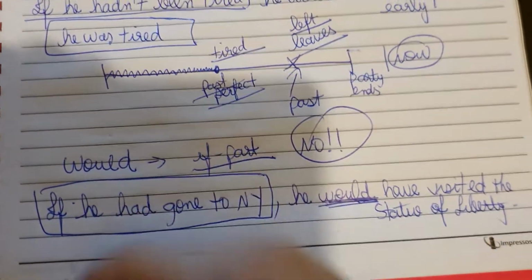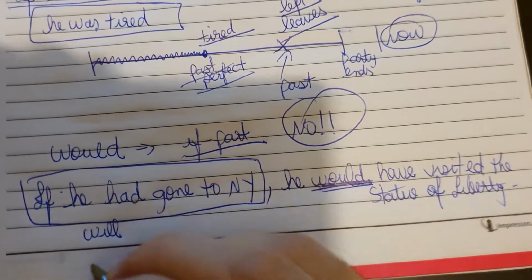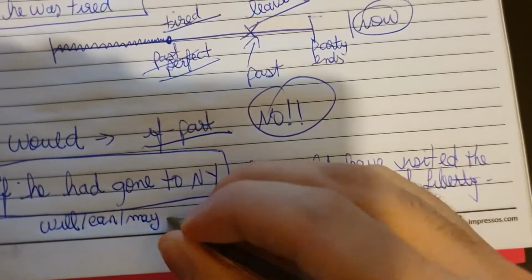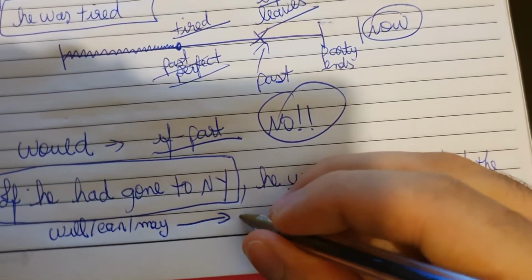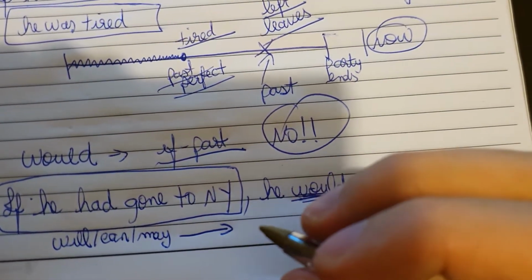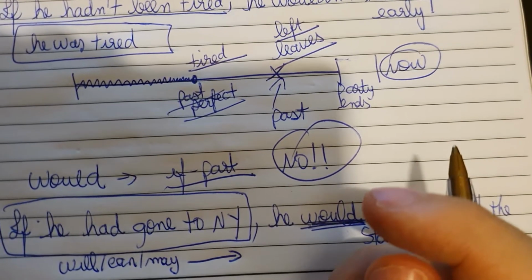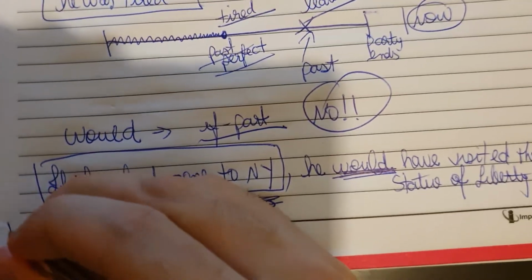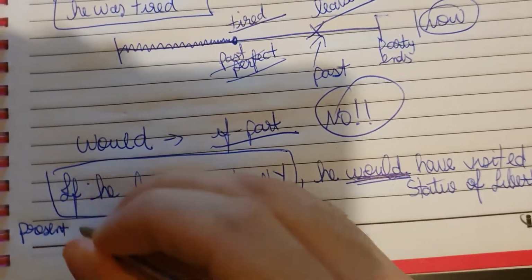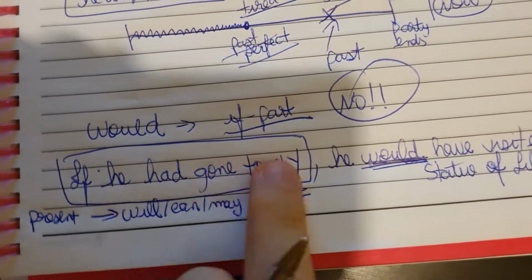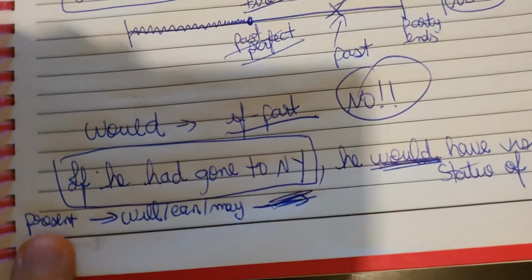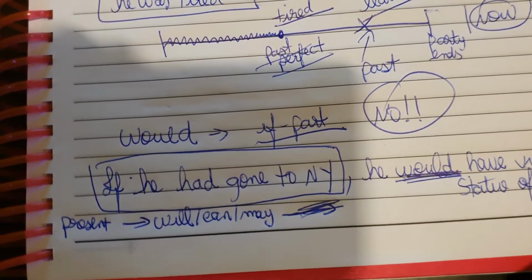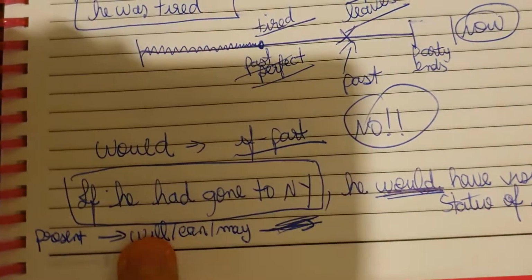You can use will, can, and may when the next sentence, if he will, no, sorry, I made a mistake here. You can use the present tense here. The present tense can be used here in the if part of the sentence if the next sentence comes with will, can, or may.